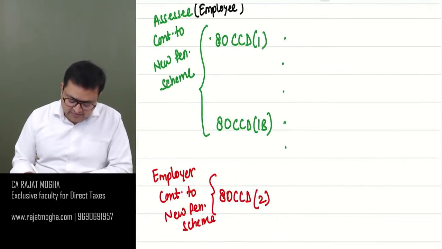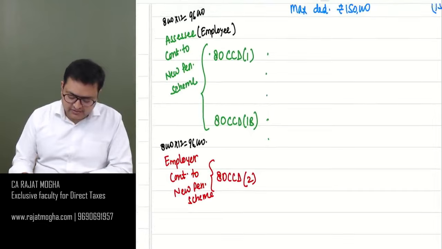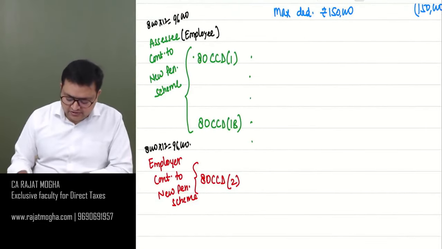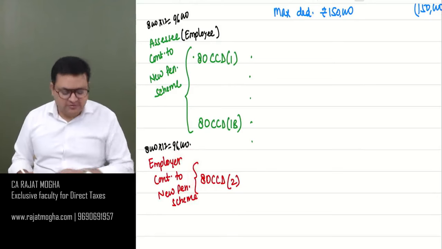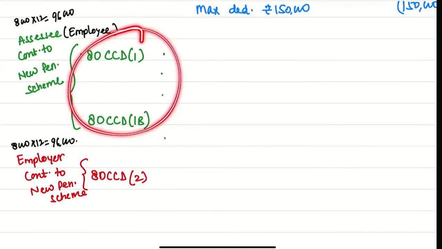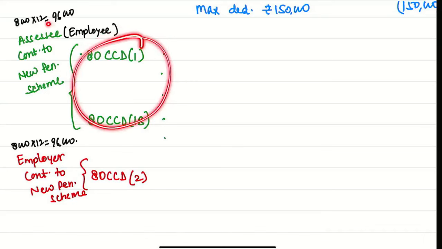And here employer is also contributing 8,000 into 12, 96,000 rupees. So here we are doing this to take this deduction of 96,000 rupees, and here also a deduction of 96,000 rupees. Everybody is okay till here? Have you written this till here?